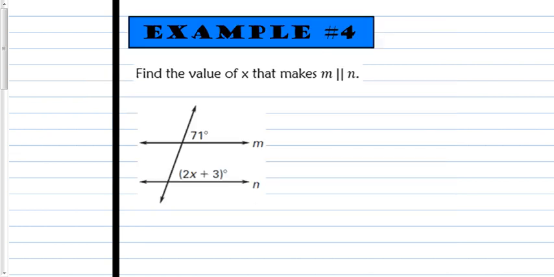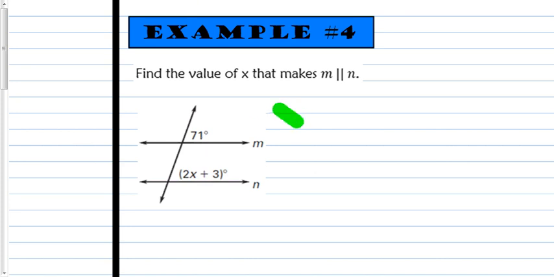And moving right along. So we are going to find the value of x that makes M parallel to N. So what kind of angles are these? Well, in order for M and N to be parallel, that means that these two angles, which are corresponding angles, have to be congruent.